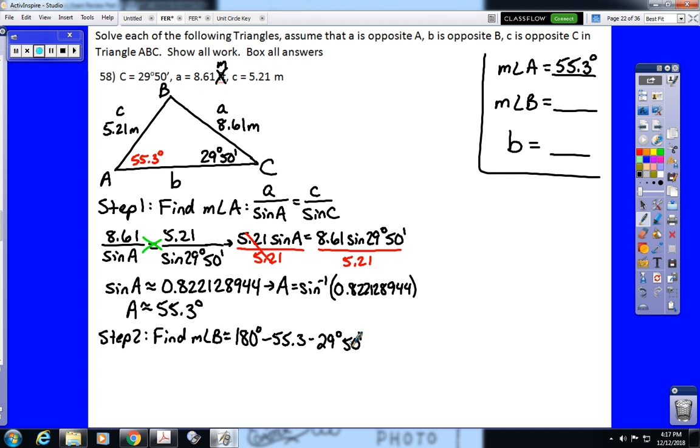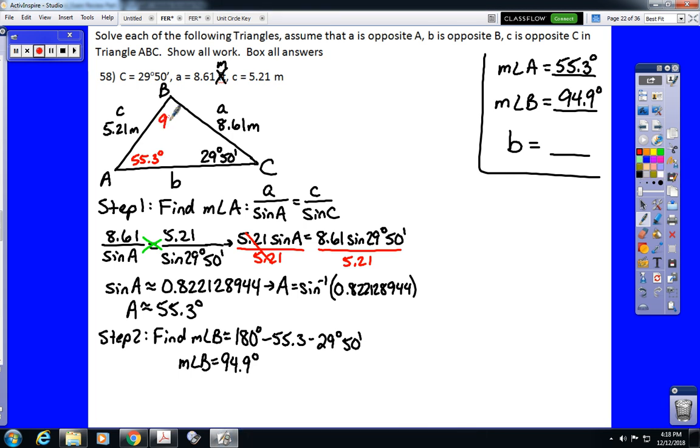So 180 minus 55.3 minus 29 degrees and 50 minutes. So the measure of angle B is 94.9 degrees. Okay, that just leaves the length of side B.